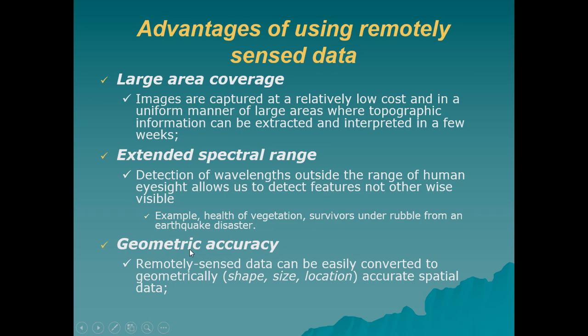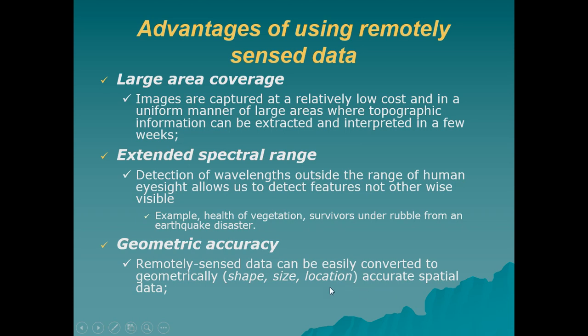Satellite imagery also gives you geometric accuracy, meaning remotely sensed data, especially satellite data, can be easily converted to geometrically accurate spatial data, meaning it will have correct shape, size of features and location of features. So it's actually easy.